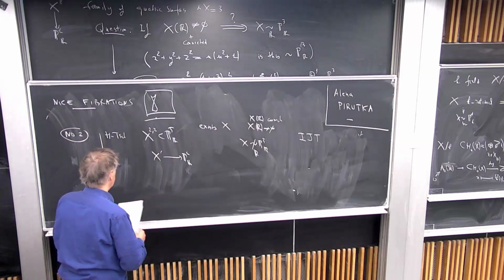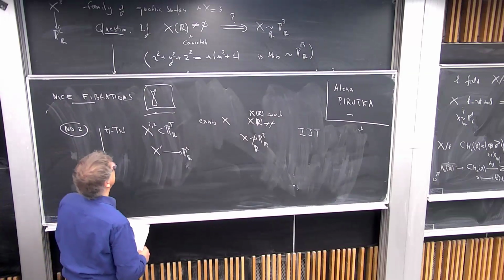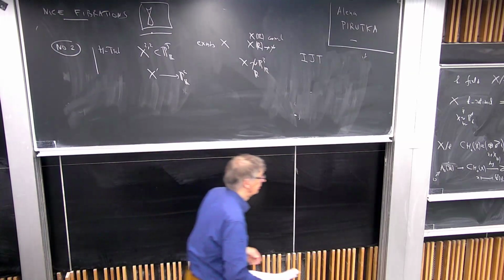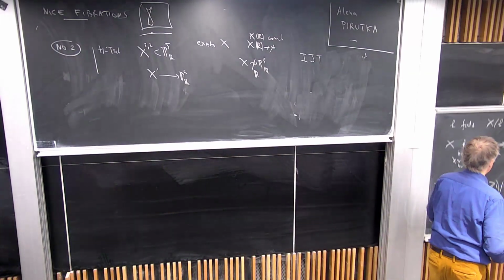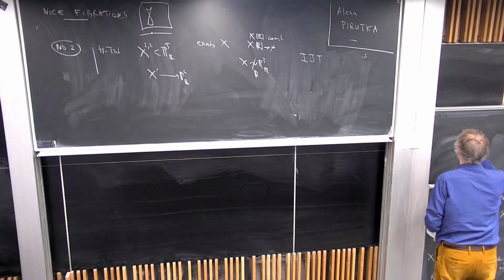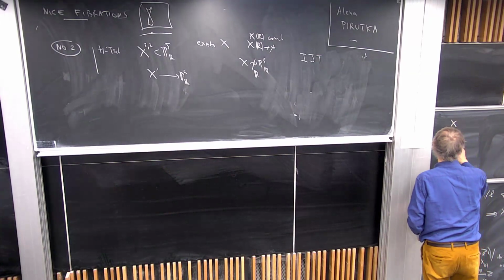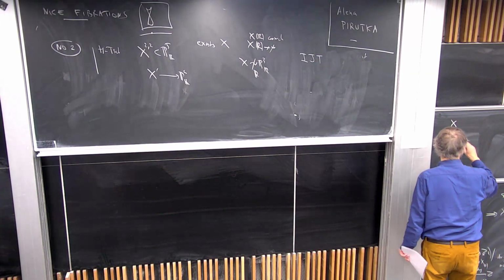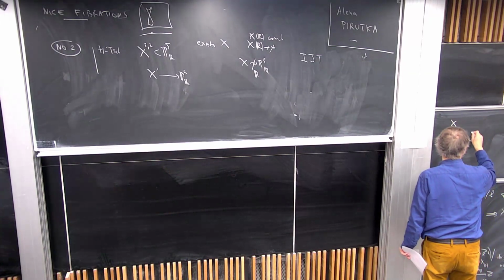So a few more general words about fibrations into quadric surfaces. If you have a fibration into quadric surfaces, there's associated to it a ramification covering of the curve delta.